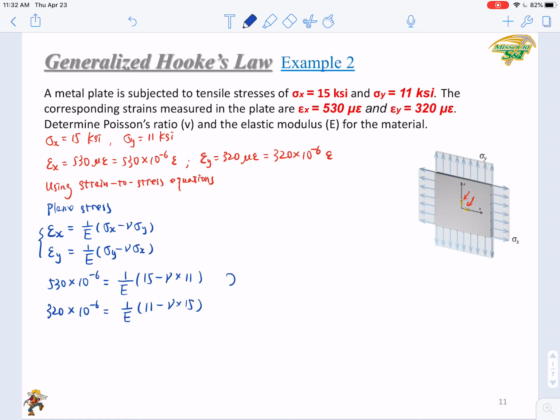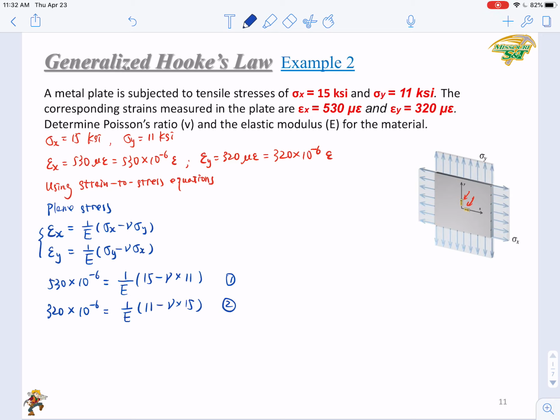Okay, here you get equation 1, equation 2. So you have two equations, two unknowns. Obviously you can solve them, but what is the simplest way to solve them? Okay, so I got this.